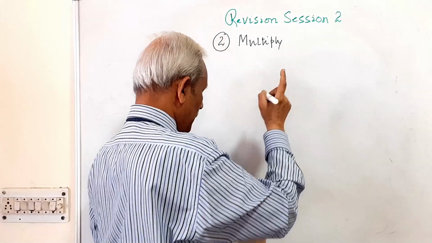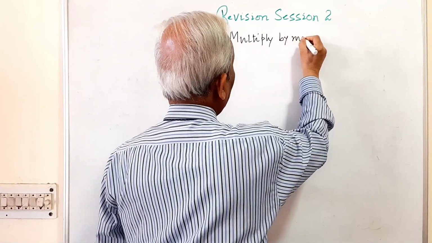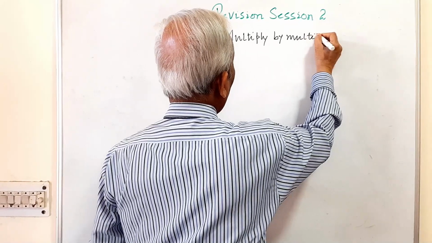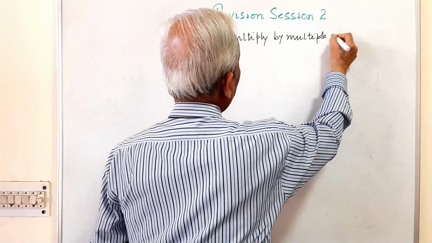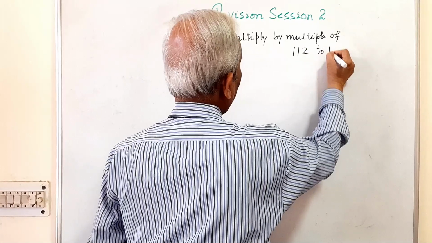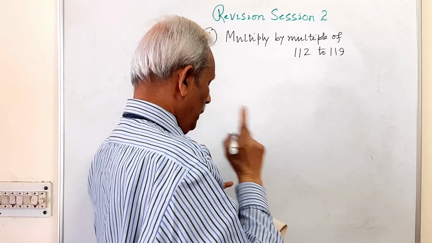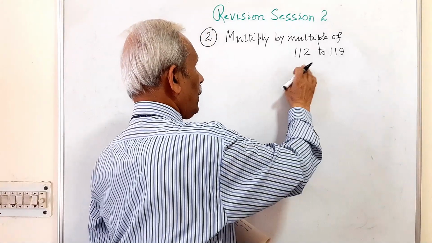Now this time I am saying multiply by the multiple of 112 to 119. Instead of 111, we now try to multiply with the multiples of 112 to 119.